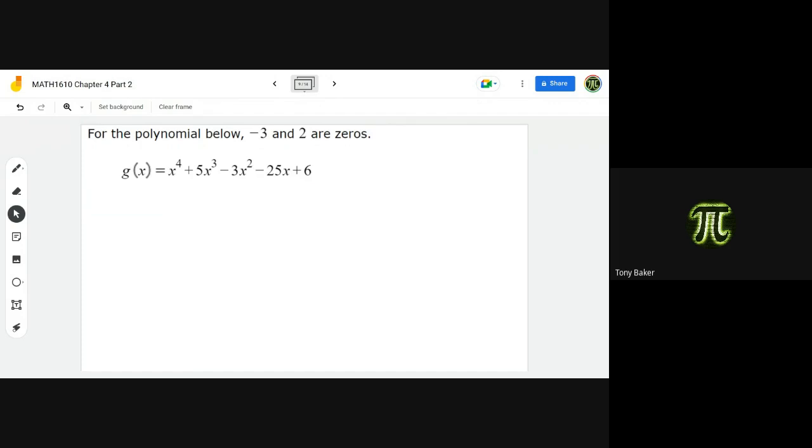So do my synthetic division and break this one down to the quadratic. And you don't need any zeros in this one, which is nice.